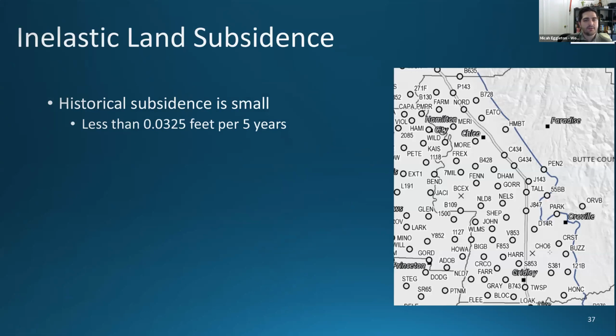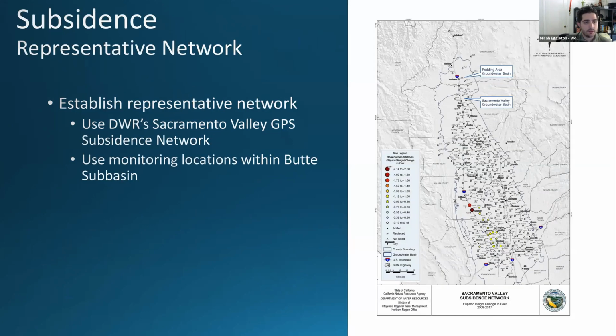We're looking at inelastic land subsidence for the last sustainability indicator. Historical subsidence has been very small, about 0.0325 feet for every 5 years, which is really good. So we've established a representative network using DWR's Sacramento Valley GPS subsidence network and monitoring locations within the Butte Subbasin.